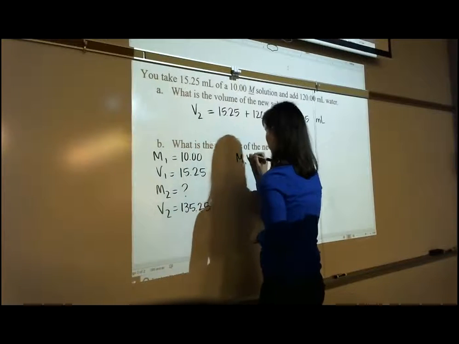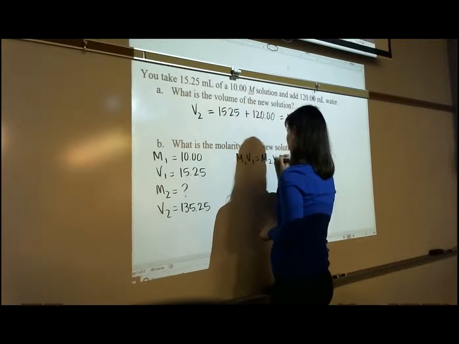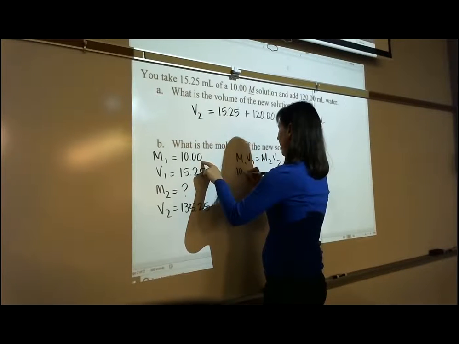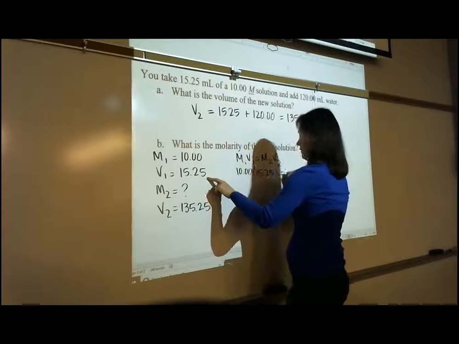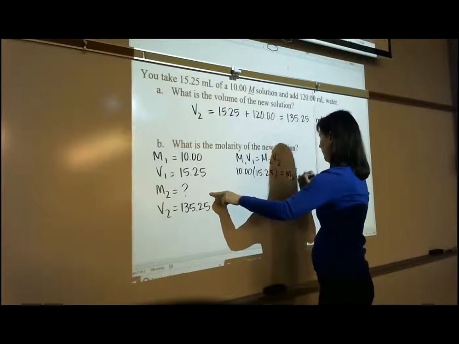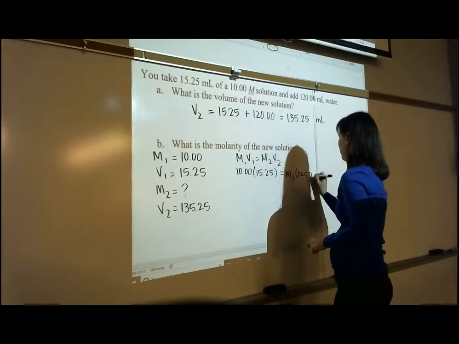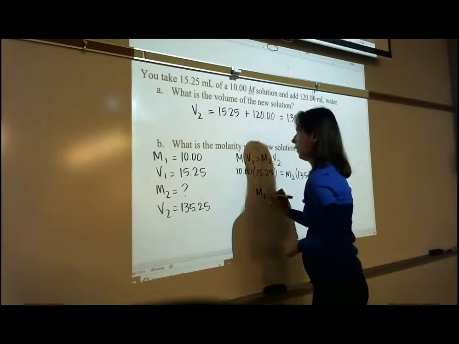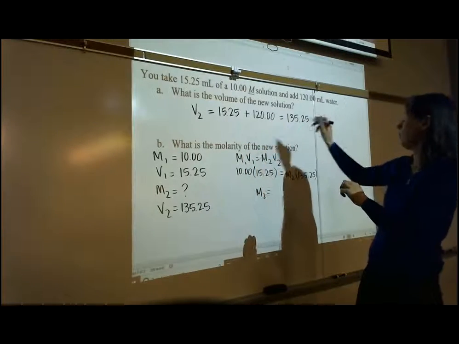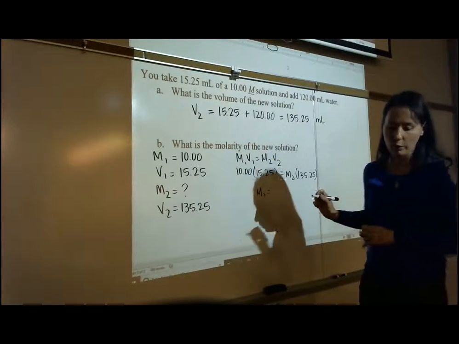So M1V1 equals M2V2. 10 times 15.25 is equal to M2 times 135.25. So I got M2, we keep 4 sig figs here, 4, 4, and 4. So I got 1.128 molar.